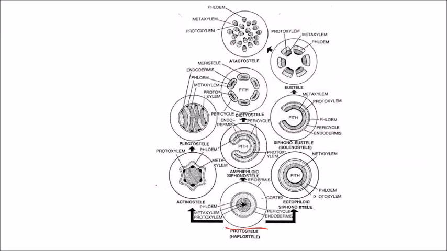This is the haplostele or protostele, and all these other types may be derived from this protostele in a sequential manner. So if you see, the protostele may give rise to the ectophloic siphonostele, and siphono-eustelic conditions may be evolved from the ectophloic siphonostele, and eustele may be evolved from the siphono-eustelic condition.